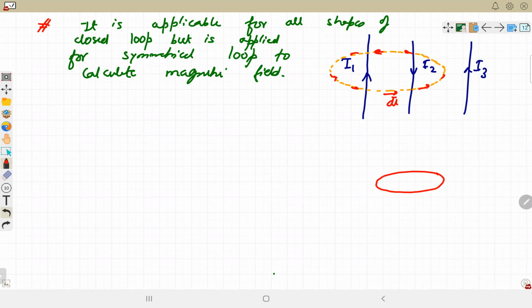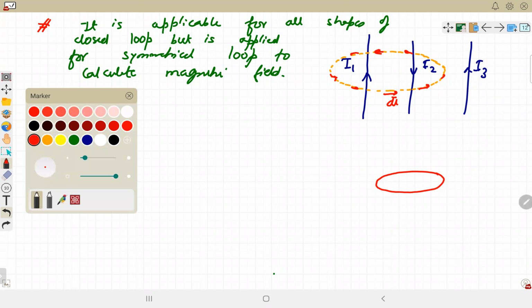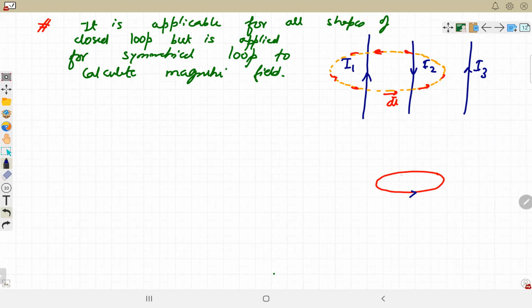But yes, dl integration. When we are taking anti-clockwise, if we curl our right hand, then the thumb points upwards. So if dl is anti-clockwise, then it will be going out of the plane.